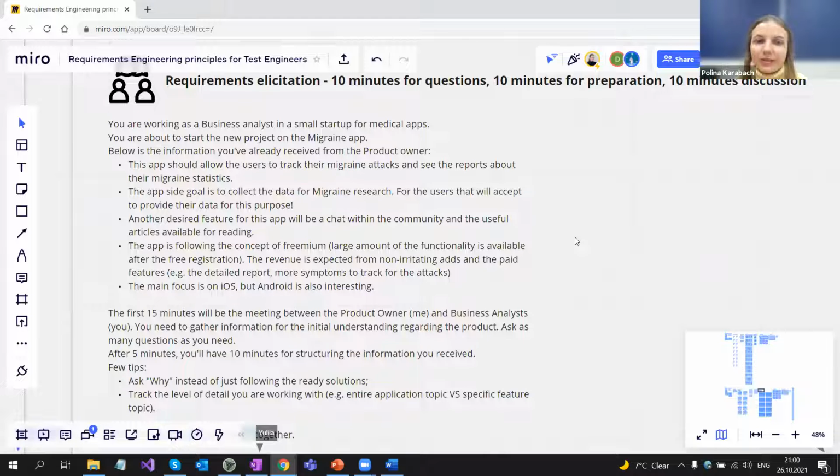Yeah, if it's the researchers, then they will have all of the data that was provided by the users who accepted to provide it. But if you are just a user of the app tracking your own migraines, you only see your own information. Okay.